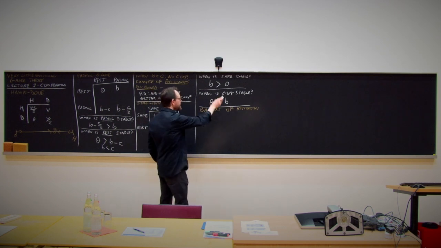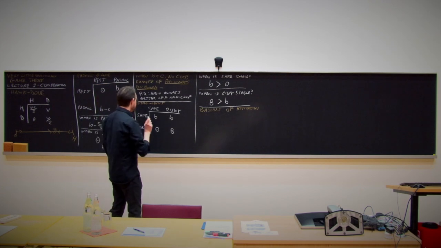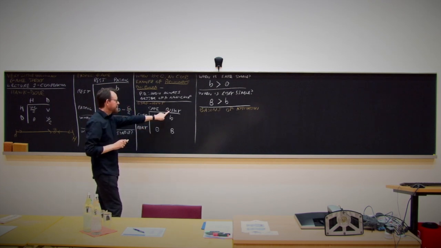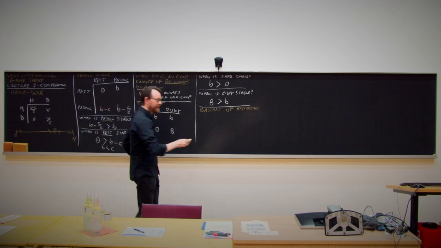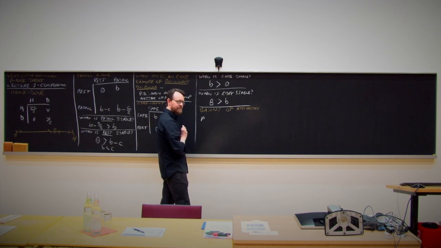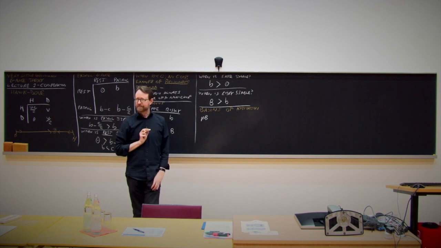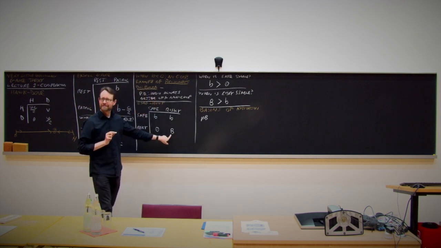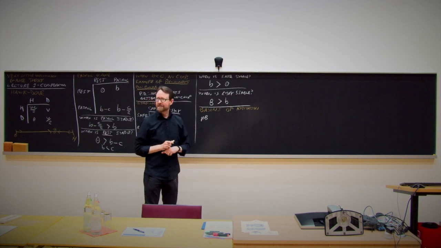Okay, so we need to write expressions for the average fitness of each strategy for any frequency of risky. We're going to let P be the frequency of risky. It's arbitrary. You could also do it for safe. You just have to write the expressions correctly. So let's do it for risky. P of the time, if you're a risky individual, you meet another risky individual, and you get big B. This is all just applied probability theory.